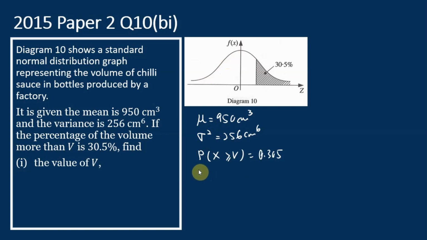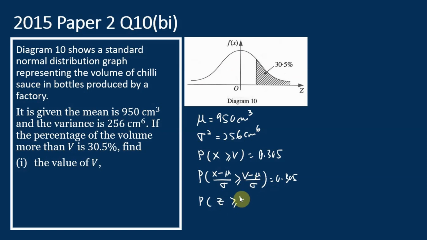To convert this to Z-score, X minus mean over standard deviation is more than, same thing, V minus mean over standard deviation, and this is equal to 0.305. X minus mean over standard deviation is the Z-score.